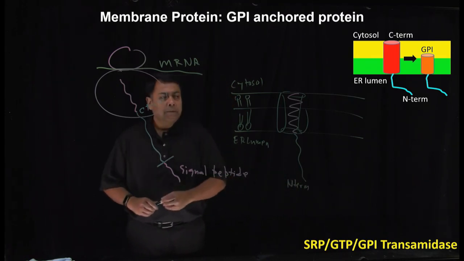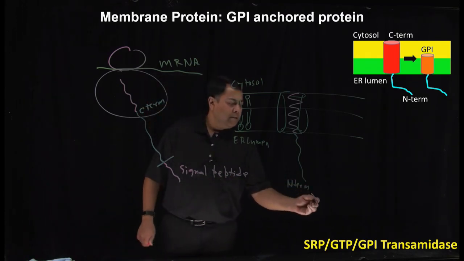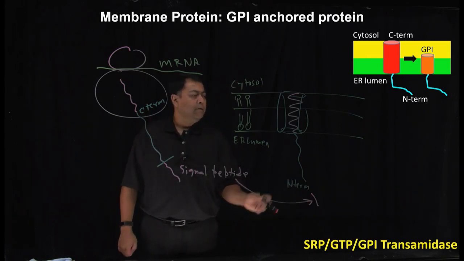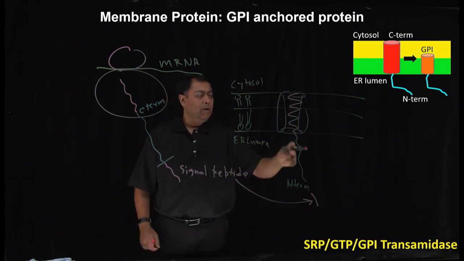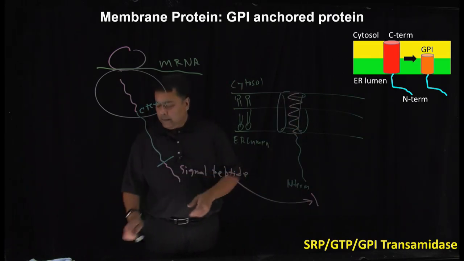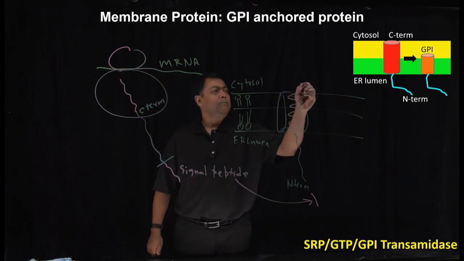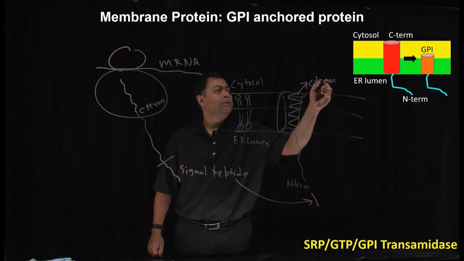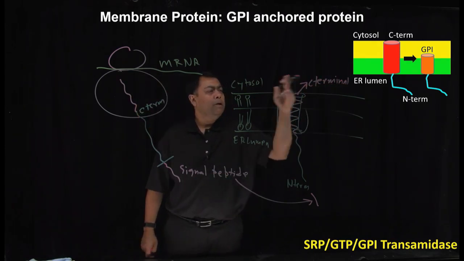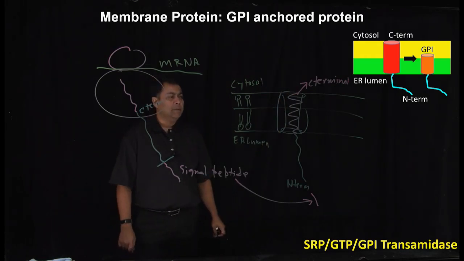And what is not shown is that there is a signal peptide that is cleaved. So you have this situation of the protein, N terminal, and right here is the C terminal, and there is no cytosolic extension of the C terminal.